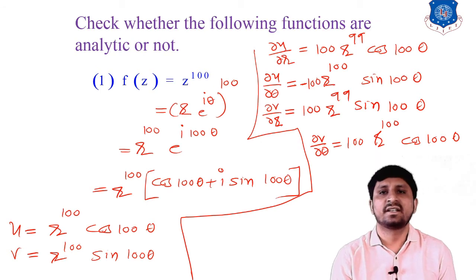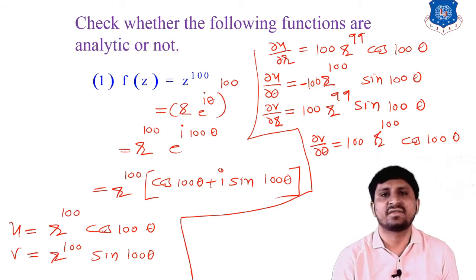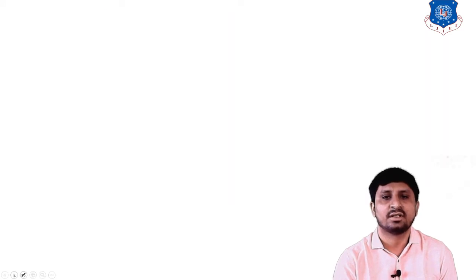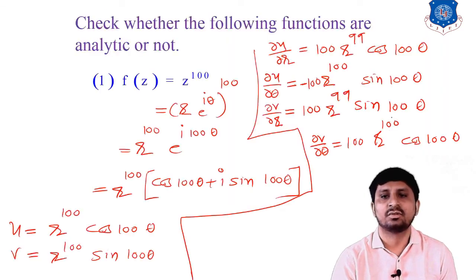So clearly you can see that the CR equations are satisfied. What is my CR equation? Del u by del r is equal to 1 upon r del v by del theta. First of all, let's check the first CR equation. Del u by del r is 100 r raised to 99 cos 100 theta, and del v by del theta is 100 r raised to 100 cos 100 theta.